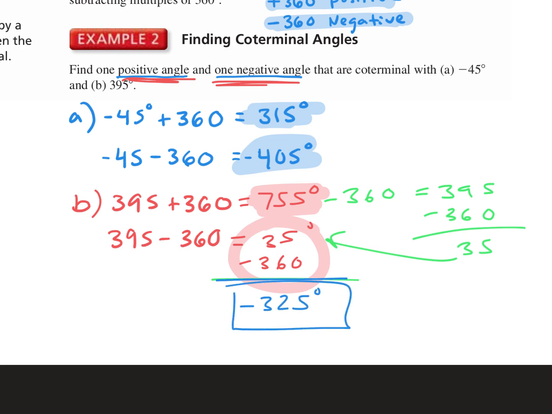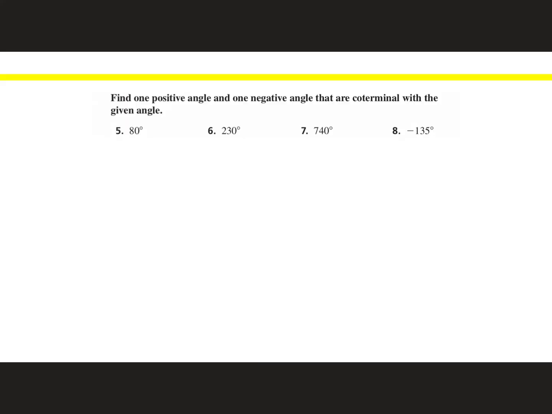And this one's negative, so that would be our negative coterminal angle. So you just always have to be careful. If you start with an angle that's bigger than 360, you may have to subtract twice. But also, for this one, since it asks us for a positive coterminal angle, 755 works, 35 also works. So either one would be the correct answer for the positive, but then you also just need a negative as well. All right, we have 4 more examples doing the same stuff.